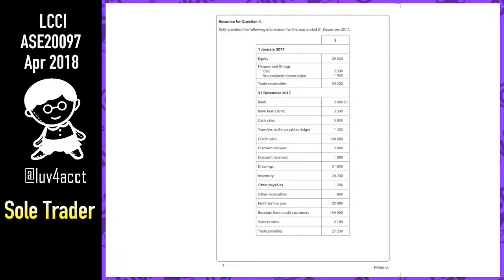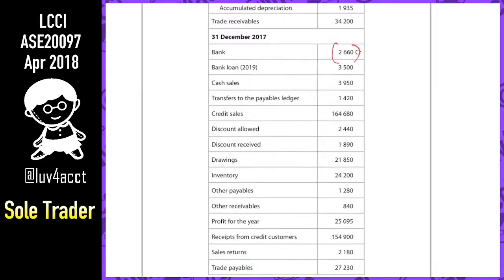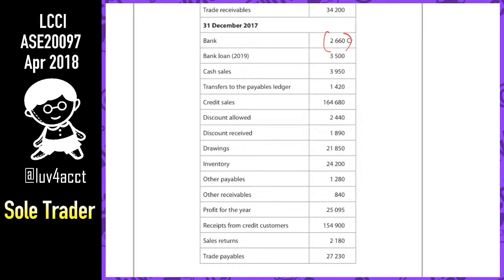Closing: we have a bank credit balance, a bank loan, and cash sales. These are trial balance items. Cash sales, transfer to payables ledger.